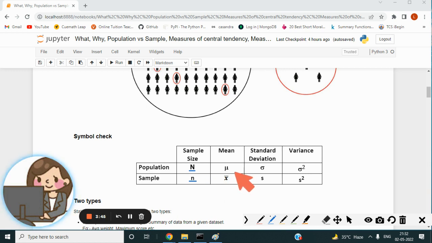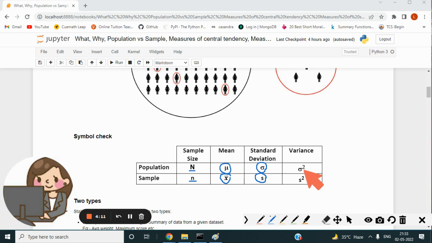When we find the mean, the average, from the population data, it is represented using the symbol mu, and the mean of the sample data is represented using x bar. Similarly, the standard deviation of population data is referred to using the symbol sigma, and the standard deviation of sample data is referred to using the symbol s.